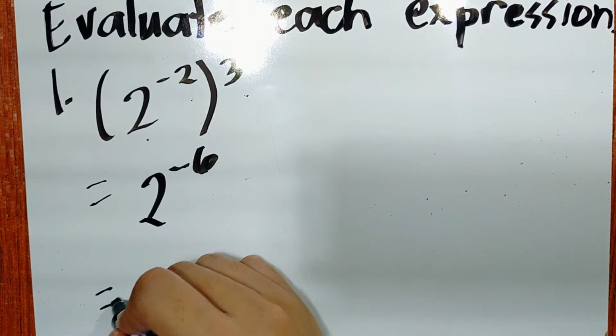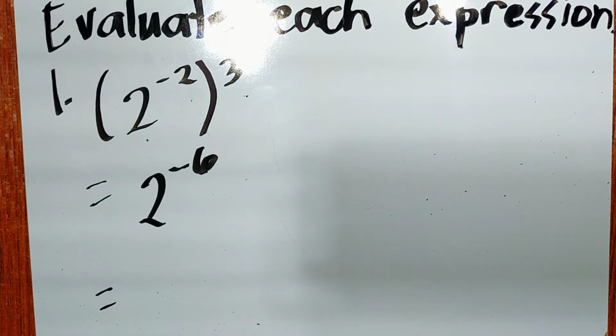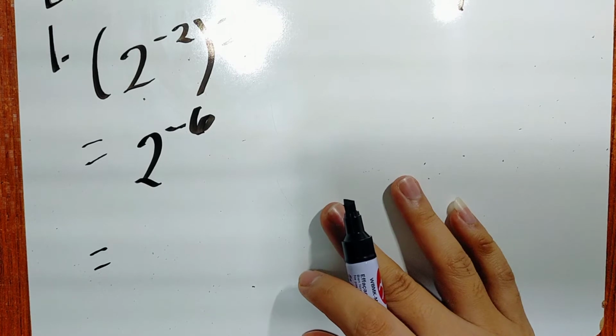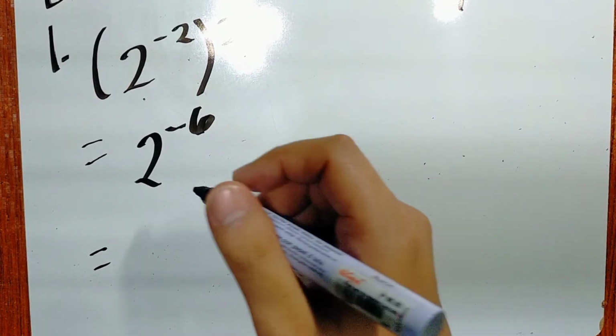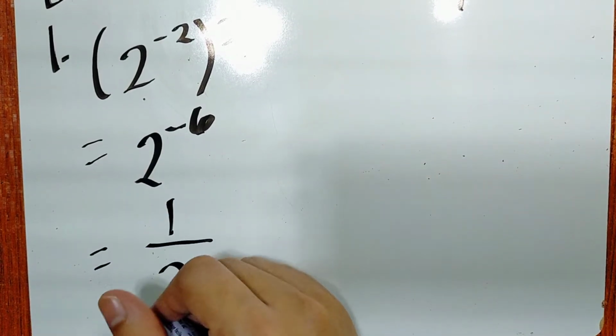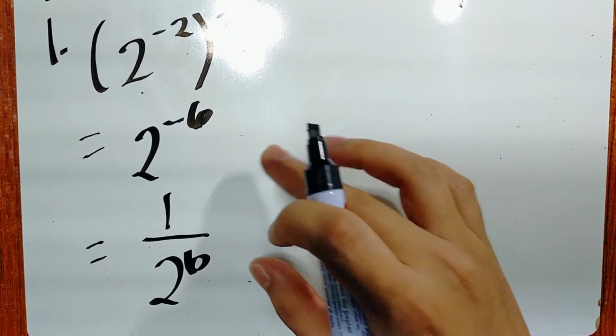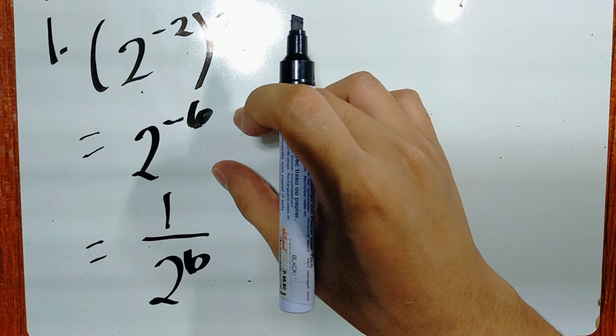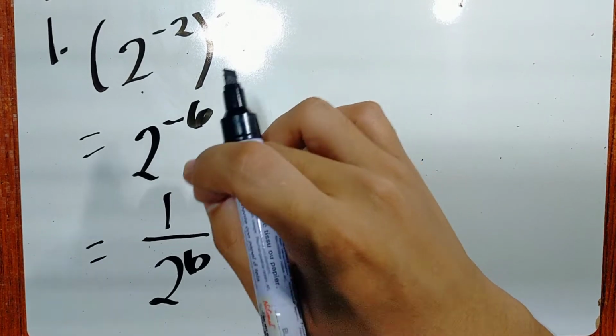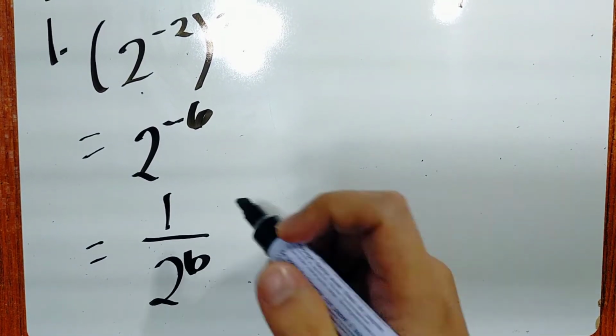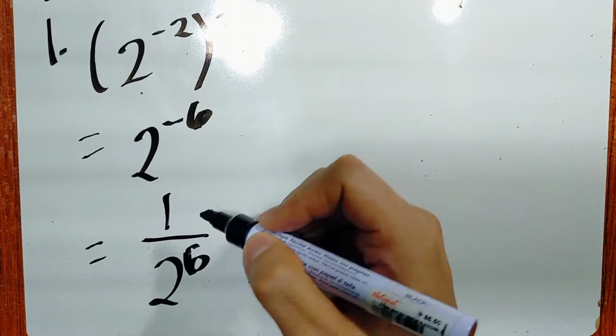So, again, change natin yung negative 6 into positive exponent. So, how are we going to do that? Okay? So, that would be 1 over 2 raised to 6. Okay? So, i-change lang natin sila. I-reciprocal lang natin to. Yung 2 raised to negative 6 magiging 1 over 2 raised to positive 6.